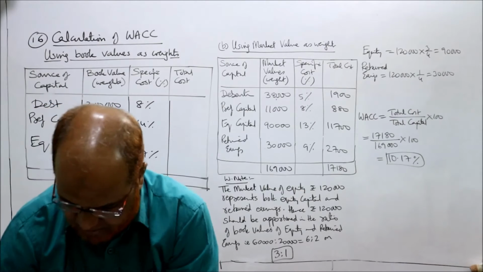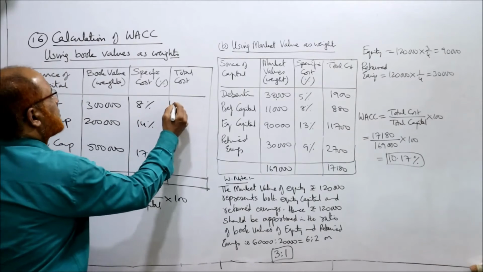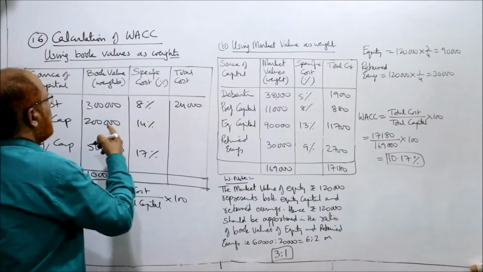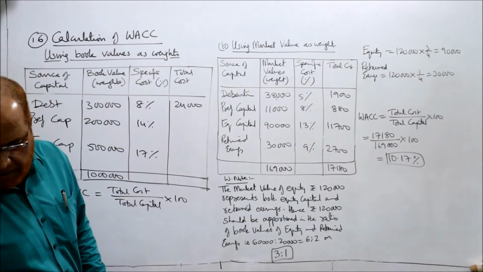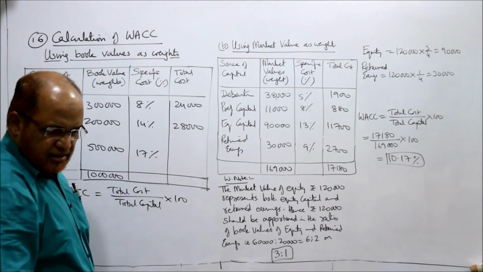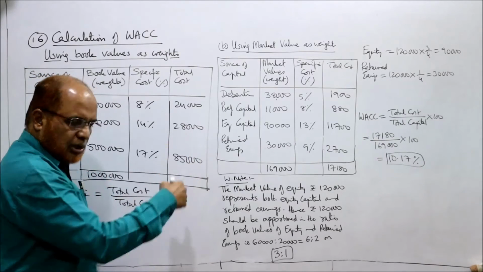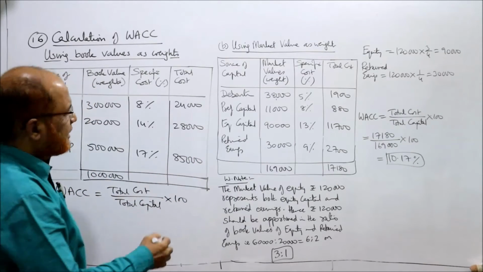Now 3 lakh into 8%, you are getting 24,000. Then 2 lakh into 14%, it is 28,000. Similarly, 5 lakh into 17%, 85,000. The total of this cost is 1,37,000.